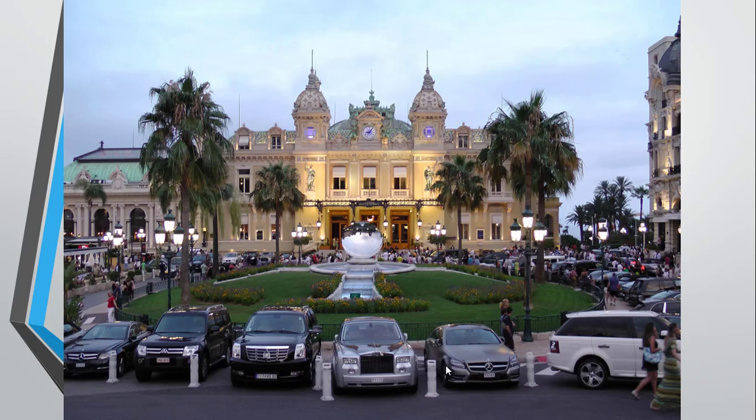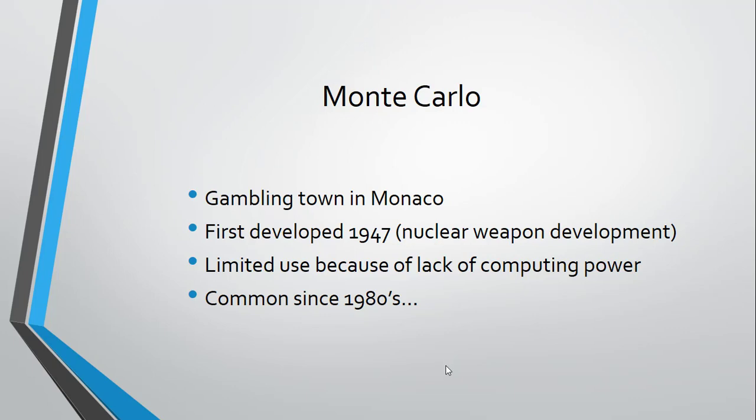This is Monte Carlo. This is a casino. There are a lot of expensive cars, casinos, high roller gambling. And yes, indeed, Monte Carlo is a gambling place, and the simulation is actually derived from those games of chance. Monte Carlo, of course, is a gambling town in Monaco, and the Monte Carlo simulation was first developed in 1947 in the U.S. during nuclear weapons development.